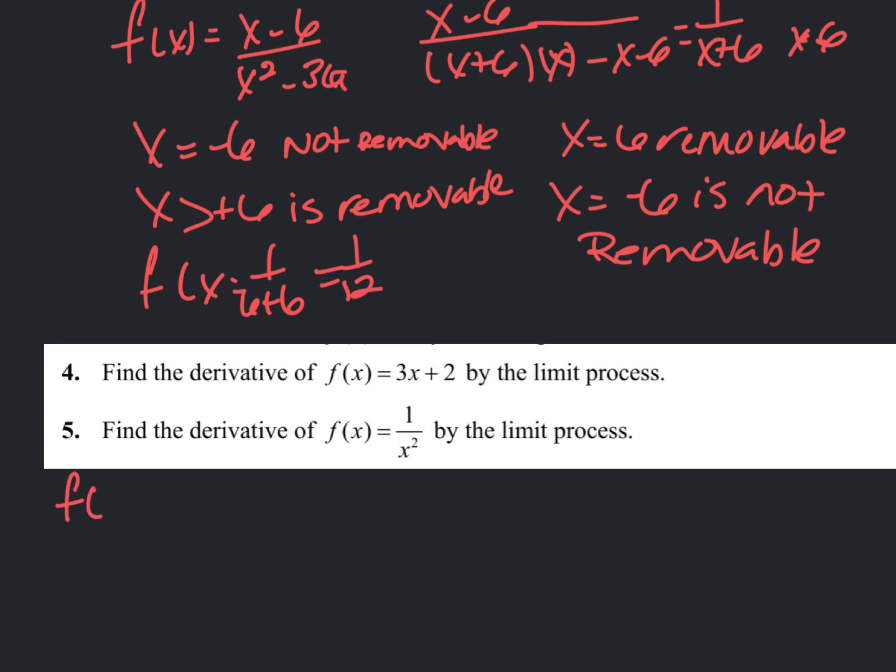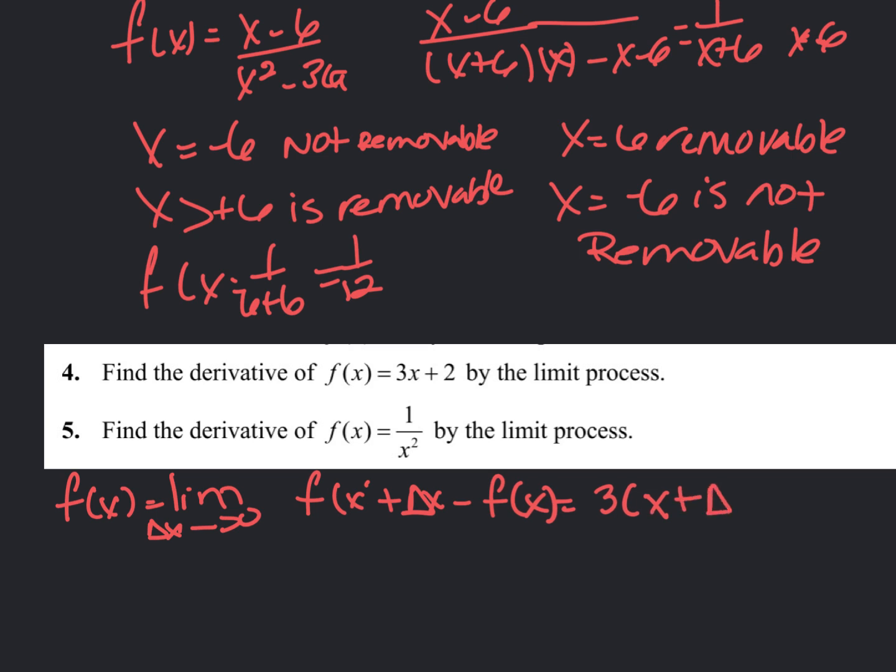So we'll do f prime of x equals the limit as delta x goes to 0, and we will write that out and distribute with f of x plus delta x minus f of x, which equals 3 times x plus delta x plus 2 minus 3x plus 2.